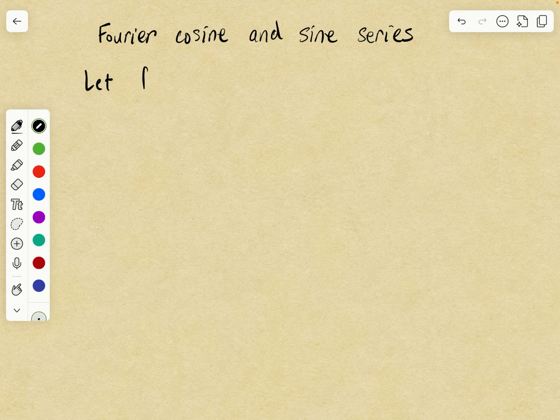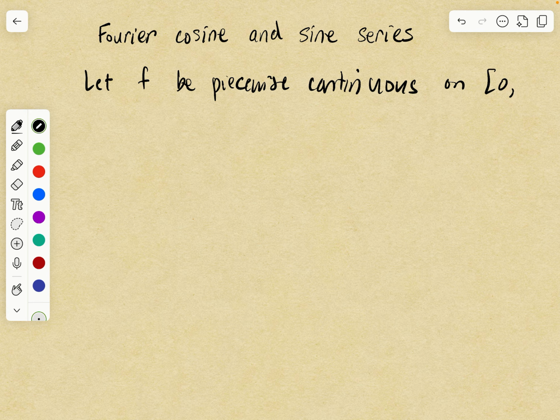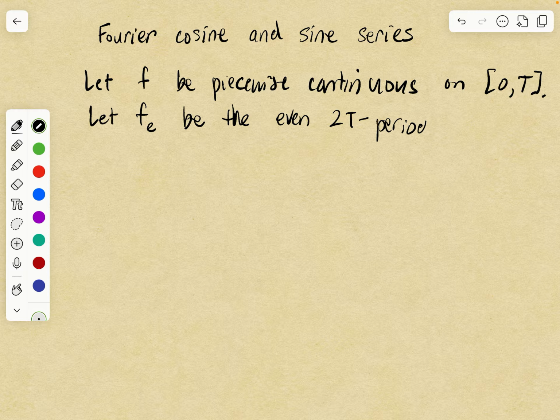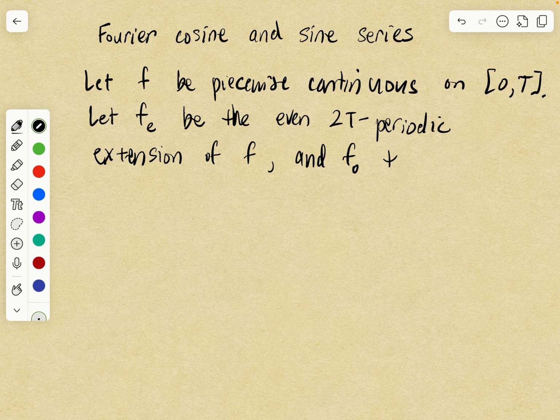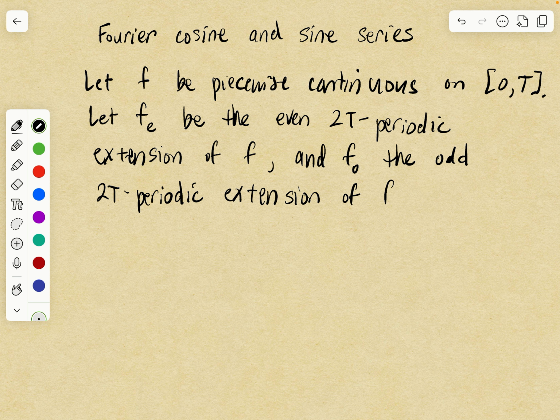So suppose that we have a function f, which is piecewise continuous on the interval from 0 to t, and we let f sub e, for even, be the even 2t periodic extension of f, and we let f sub o be the odd 2t periodic extension of f.